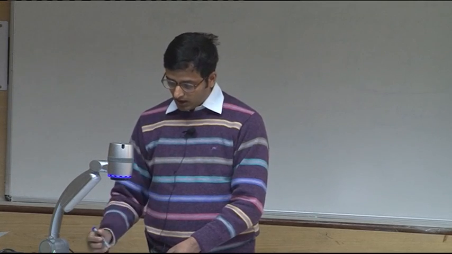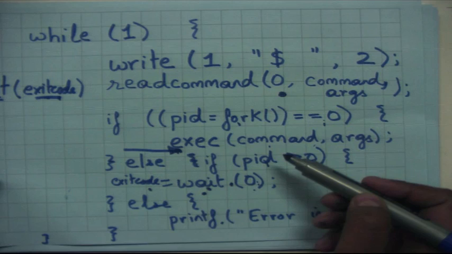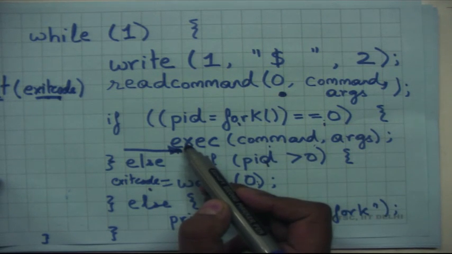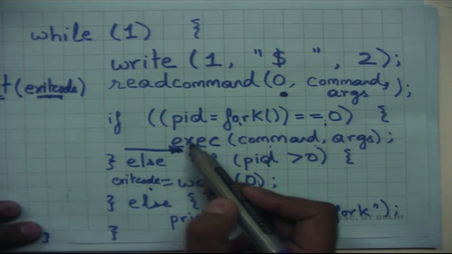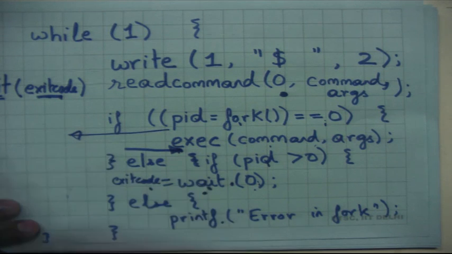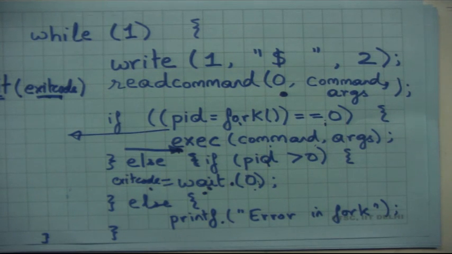We also saw that if I wanted to redirect certain file descriptors to other resources than what the shell is currently using, I could do that by inserting appropriate code before the exec system call inside the child. For example, when I fork something, the semantics of fork are that the entire file descriptor table of the parent gets copied into the child.